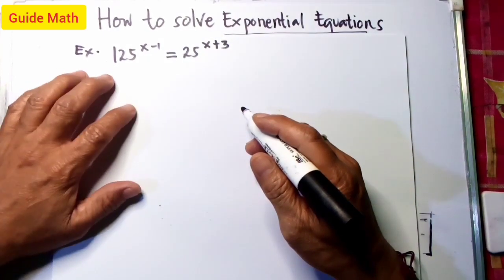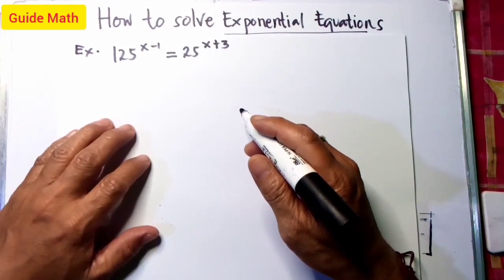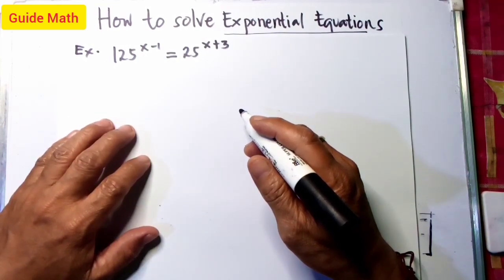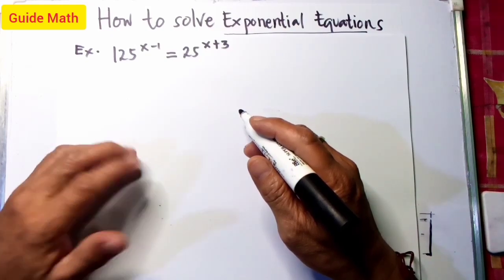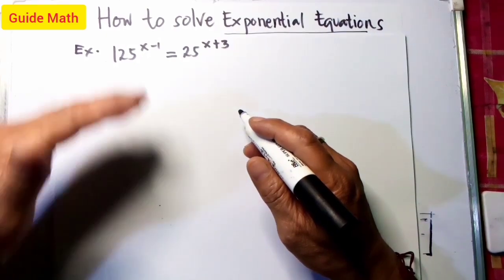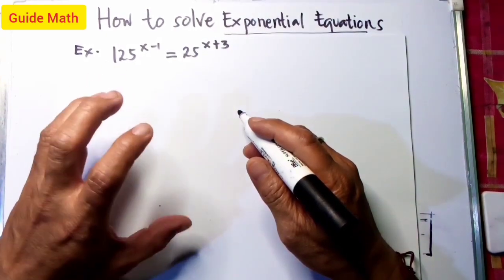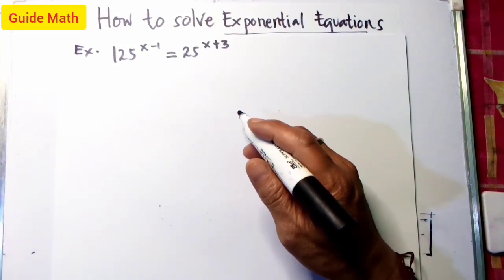At saka kailangan muna nating magkapareho sila ng base. Gagawa tayo ng paraan, no? In order for us to make their bases equal, no? So mayroon naman tayong paraan. So kung halimbawa wala tayong magagawa, or hindi natin talaga makuha yung maging magkapareho yung ating bases, so ano ba yung mga pwede natin gawin, no?